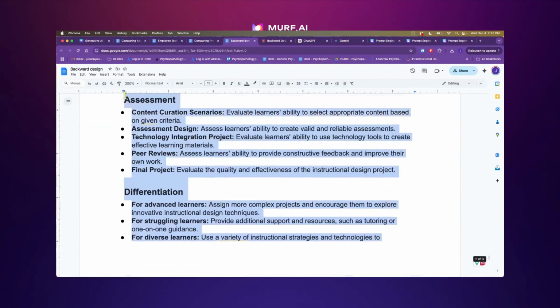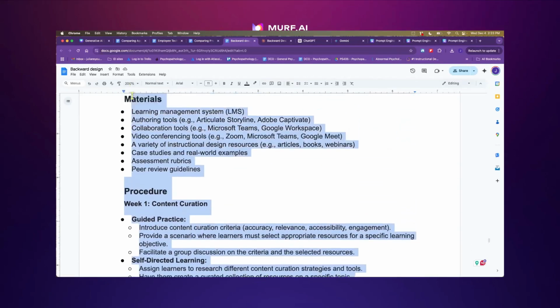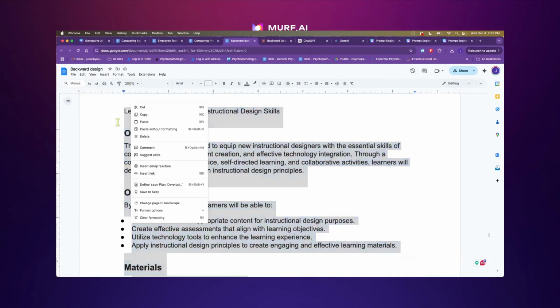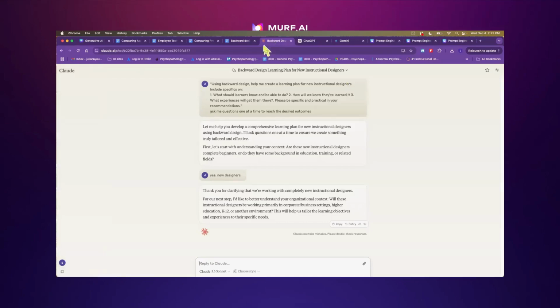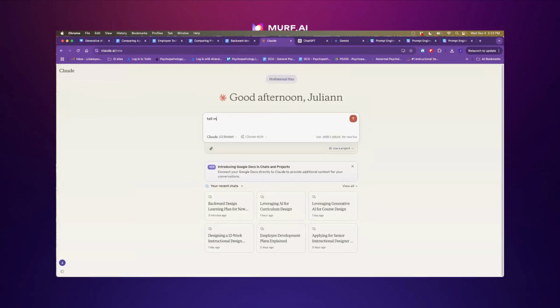So let me just show you a little tip here. Okay, so I did this in ChatGPT. Now I'm going to go to a different large language model. I'm going to go to Claude, who's actually my favorite. And I'm going to say, tell me what I might be missing in this curriculum for new instructional designers.